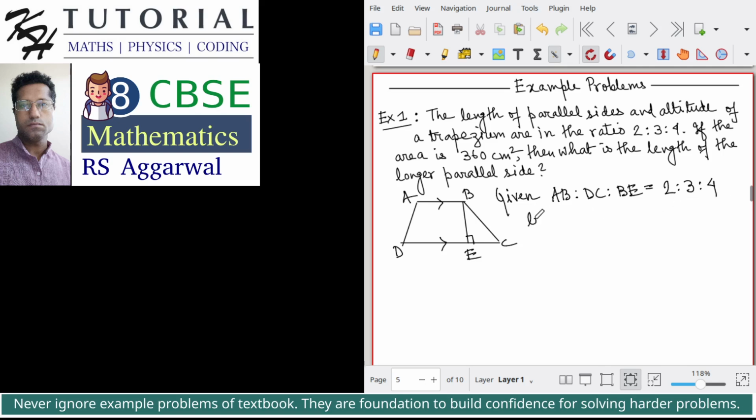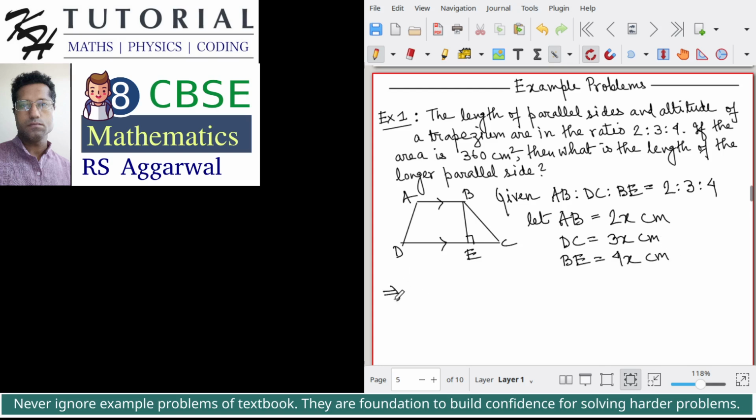So let AB be equal to 2x centimeter, based on the ratio 2:3:4, and DC is equal to 3x centimeter, and BE is equal to 4x centimeter.